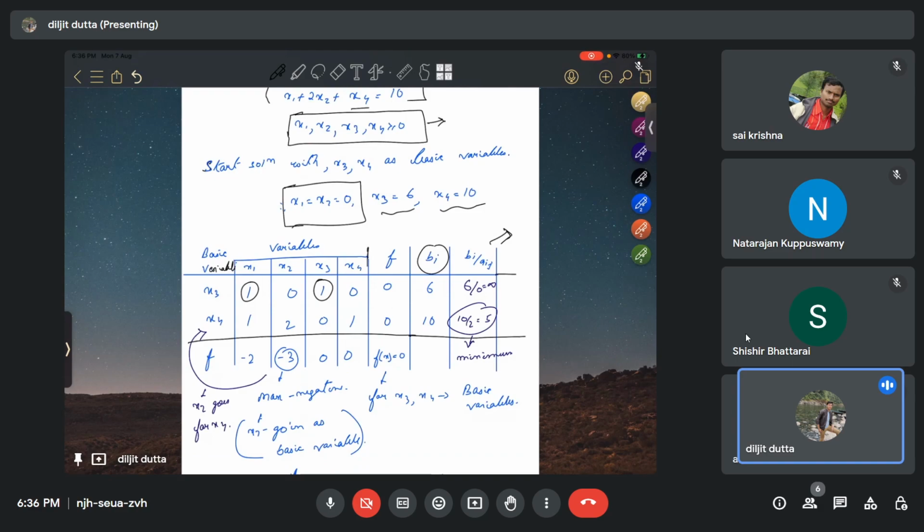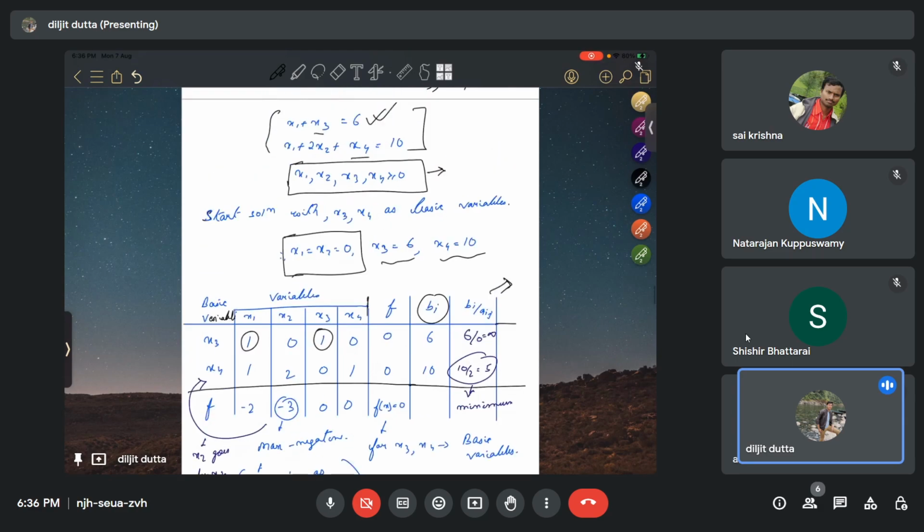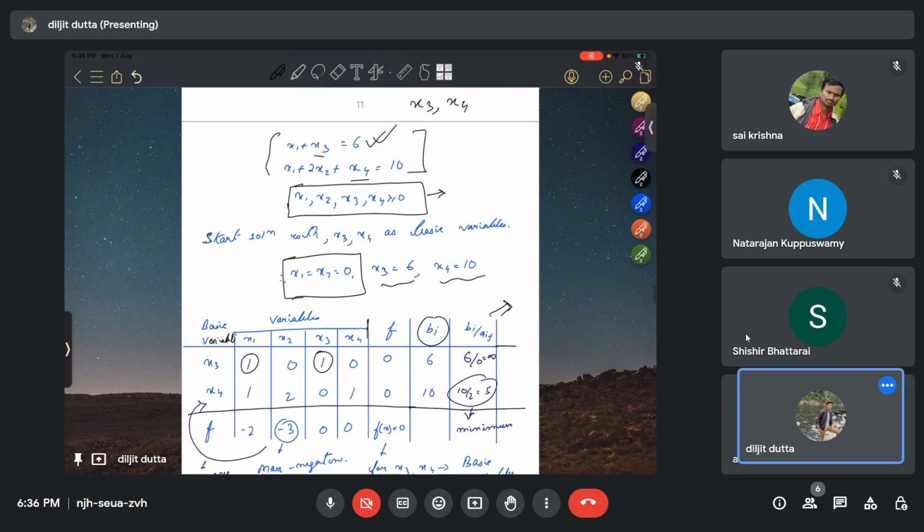Now for the second constraint we have considered basic variable x4. We write the coefficients again: for x1 the coefficient is 1, for x2 it is 2, for x3 it is 0, and for x4 it is 1. Here also the value of f is 0 and the right hand side bi is equal to 10.